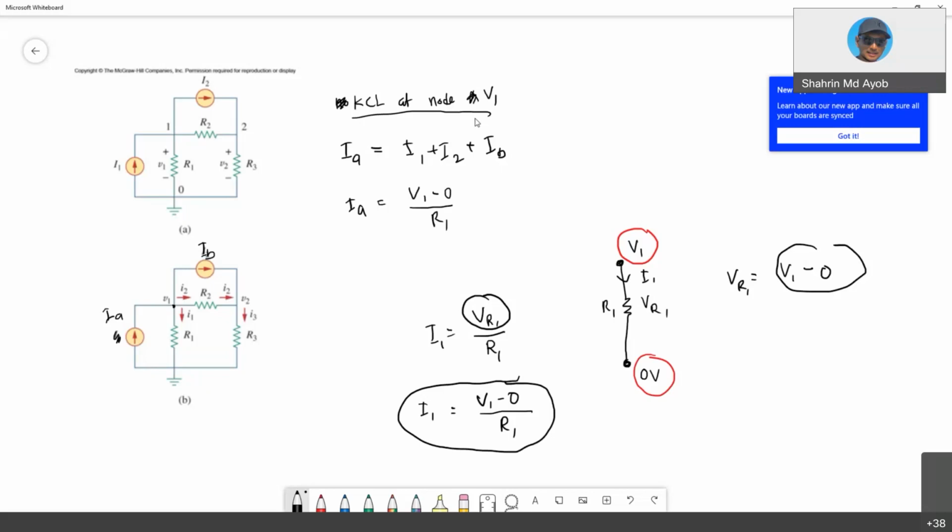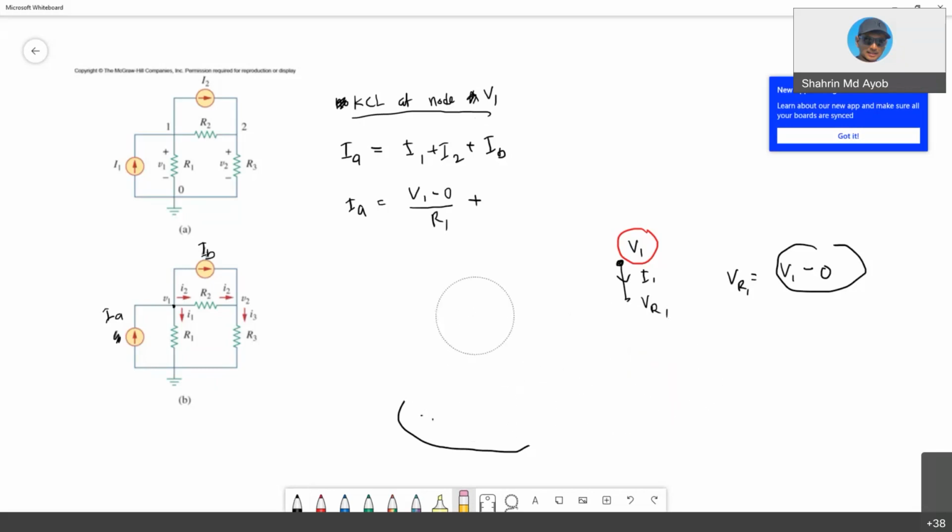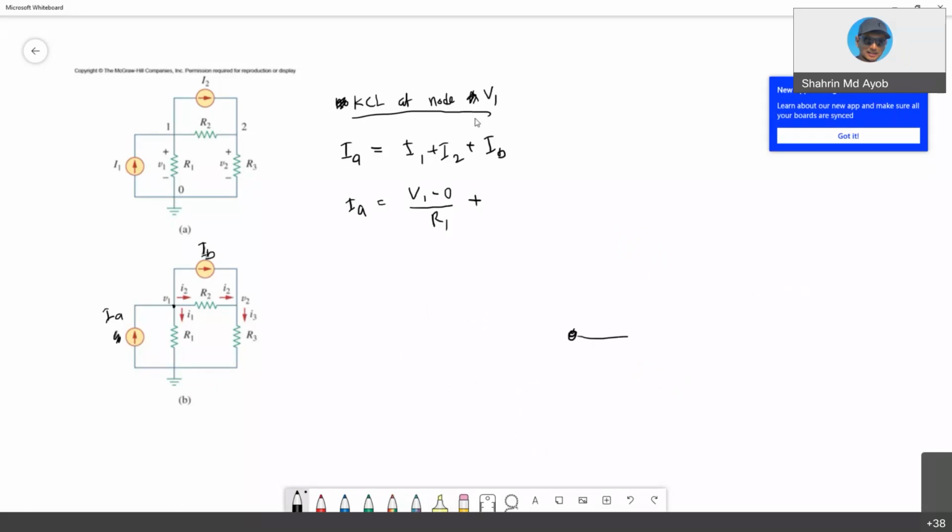Plus I2. I2 is the current that flows from V1 to V2. The same case: you have a node voltage V1 and this is your R2, with a voltage drop we define as VR2, and this one is V2. This is the current I2, so I2 is the voltage drop VR2 over the resistor.